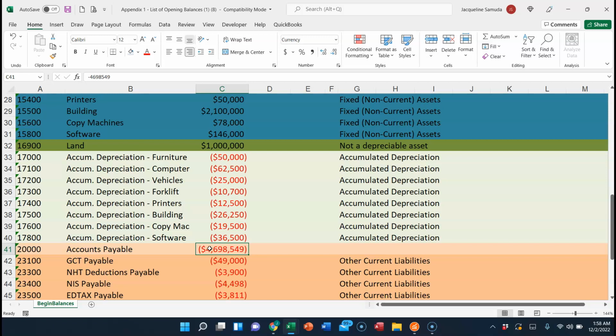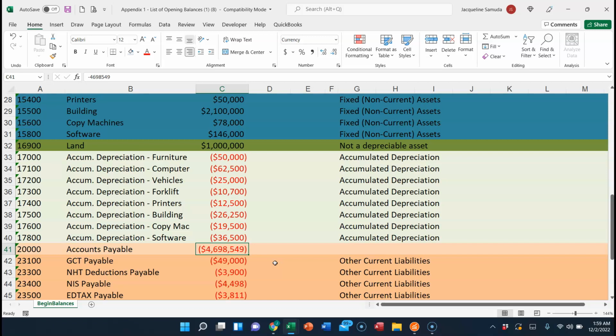So all of your vendors on Appendix 3, those persons who you owed, that total came to $4,698,549. So these two control accounts are what you are familiar with.